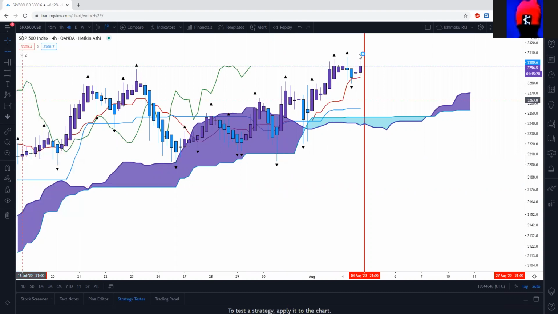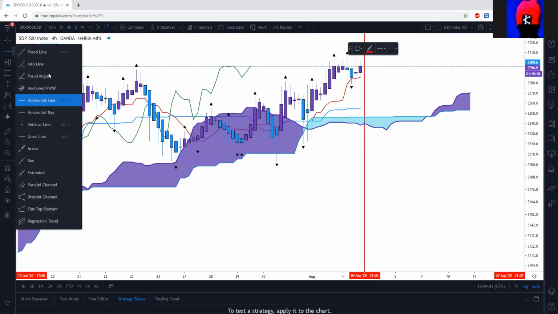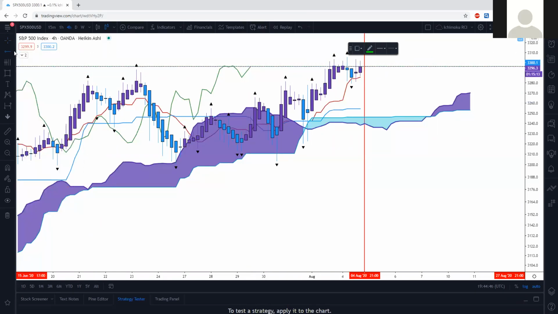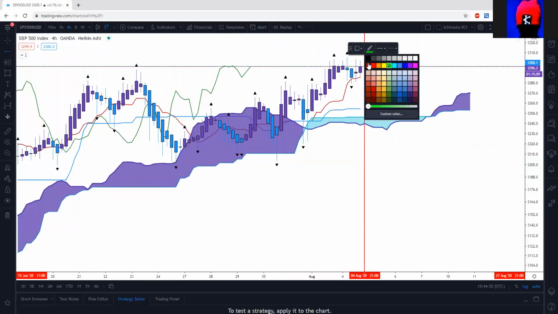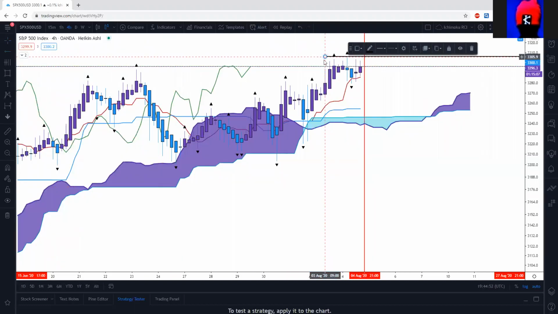So what we know, market's going to range until it breaks the recent high, right? So what you should automatically do, put a line on that high, put a line on that low here.